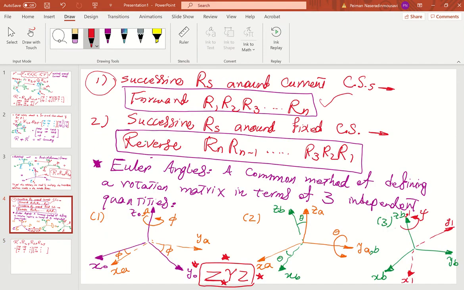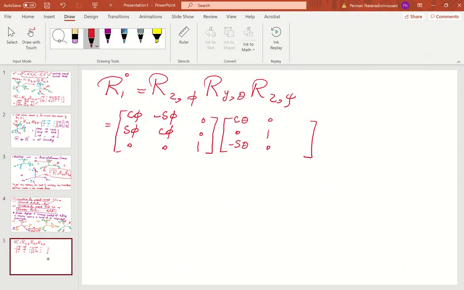And z is sine theta, 0 and cosine theta.